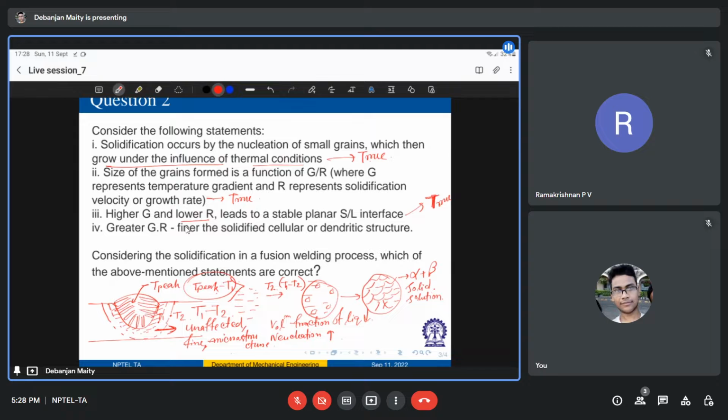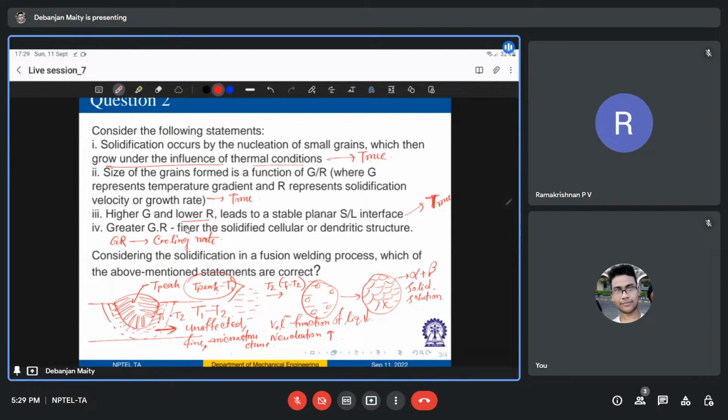Your G was the temperature gradient. Yes, this is true. If the product of G and R is higher, it will form a finer structure. This G into R is basically determining a cooling rate, right?